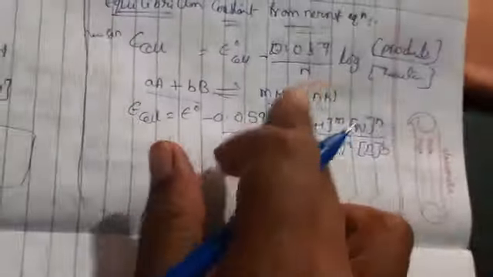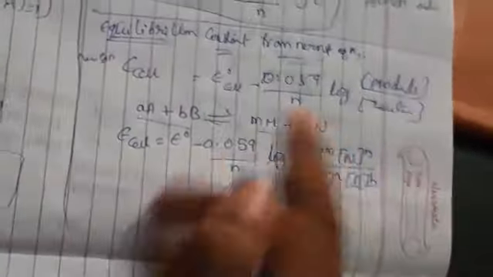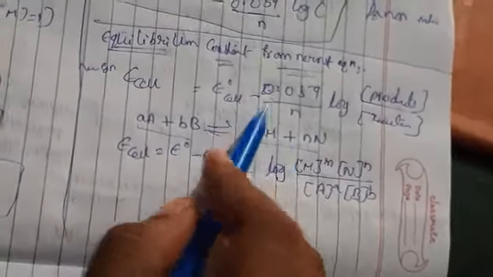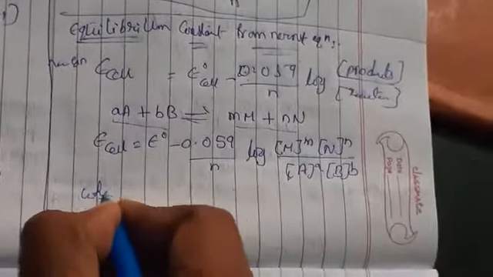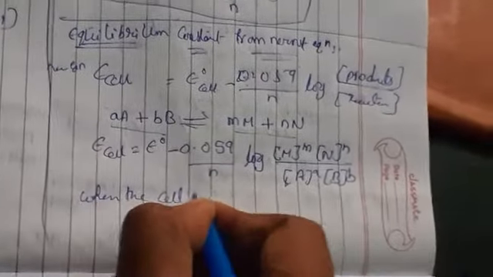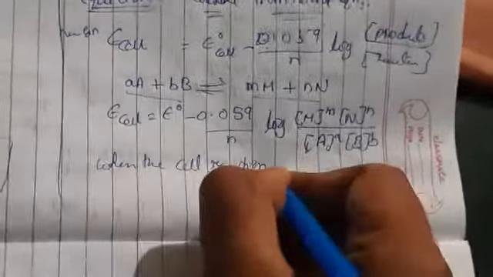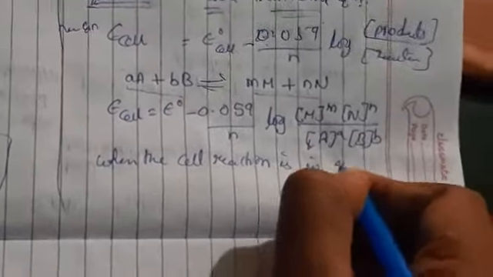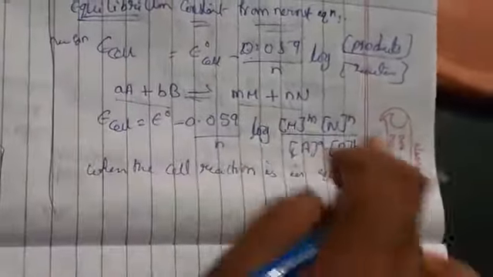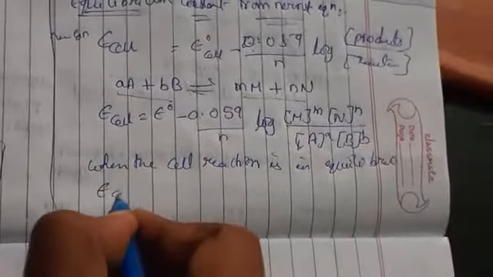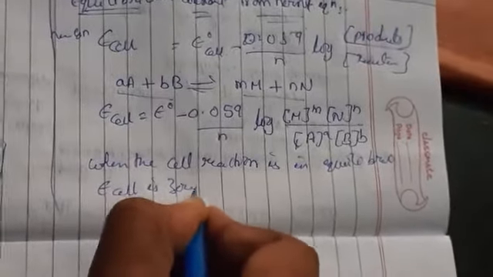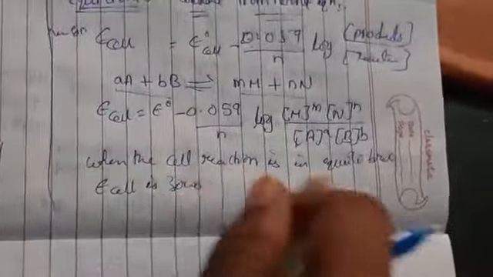Okay, so this all will be represented as follows. When the cell reaction is in equilibrium, according to the equilibrium law, what happens is that the E cell will become 0.